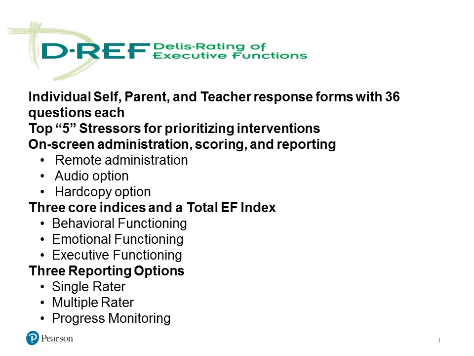Okay, the Delis rating of executive functioning scales is set up in two parts. Part one is a 36-item rating scale that has a parent, teacher, and child form. Self-report is used for ages 11 through 18.